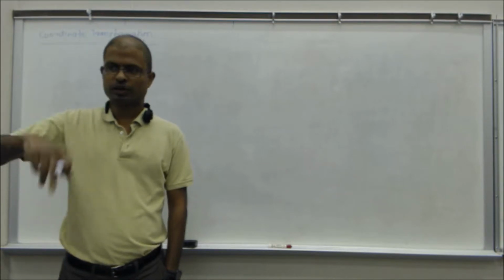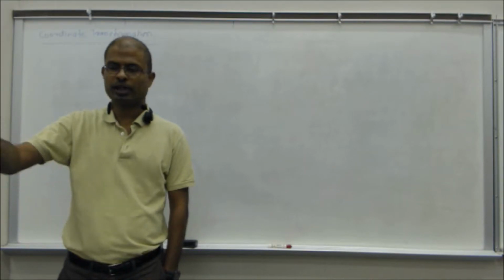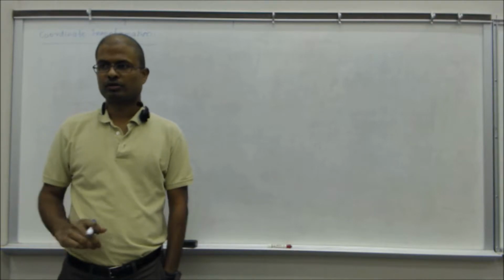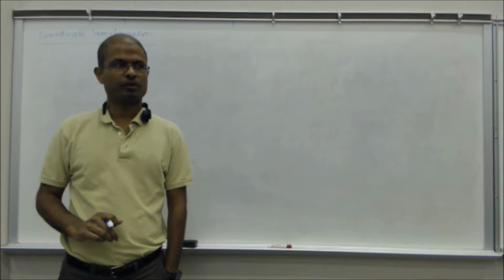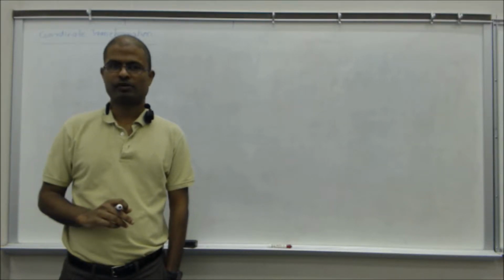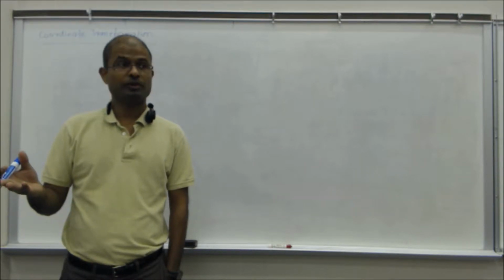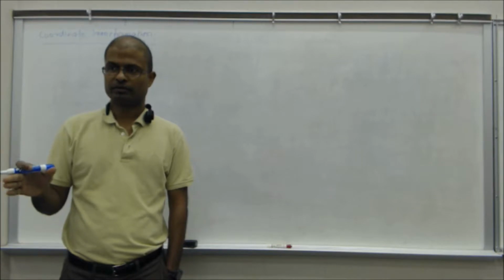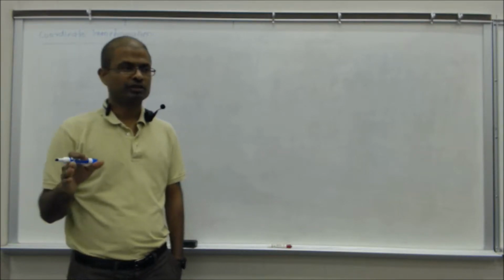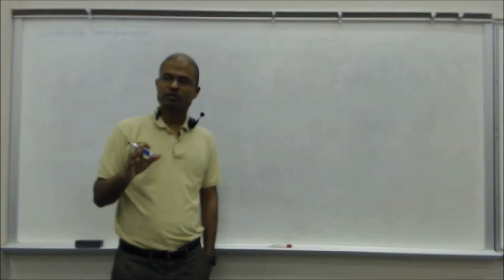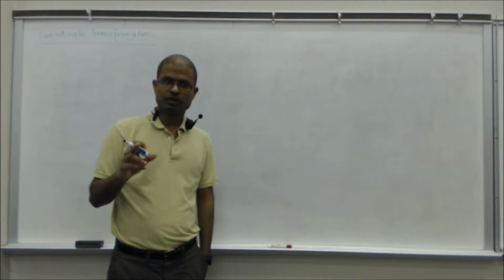You could have just drawn it. The ECI frame was right there, every axis was right there. Even the perifocal frame was right there. The perifocal frame was what? You remember? No?